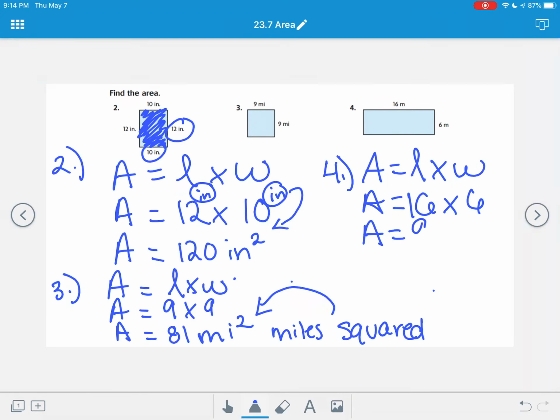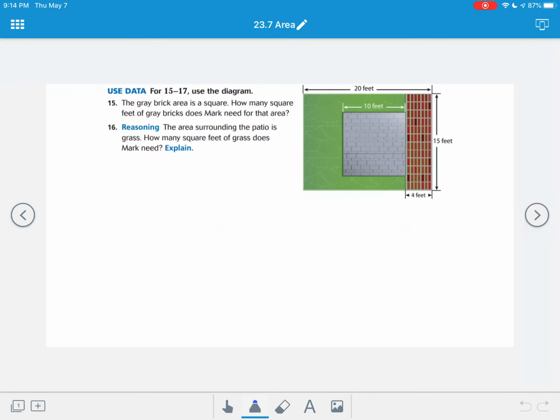If you'd like to be doing that as well, that is okay. I get a total of 96, and my label is meters squared, or square meters. Either way to write it out is okay.